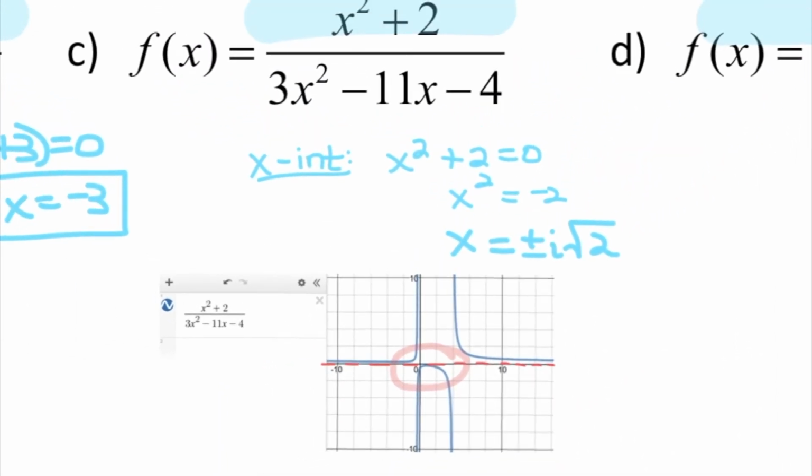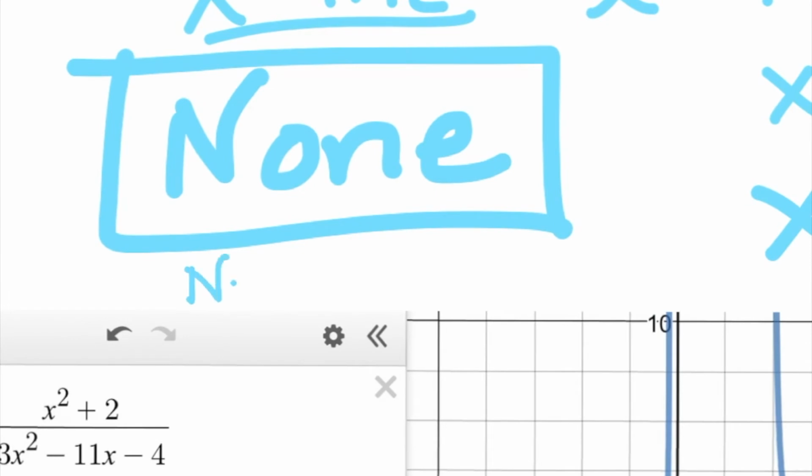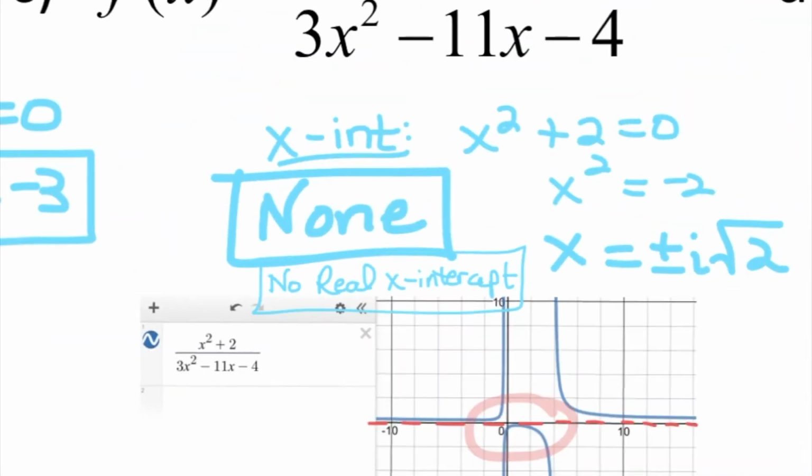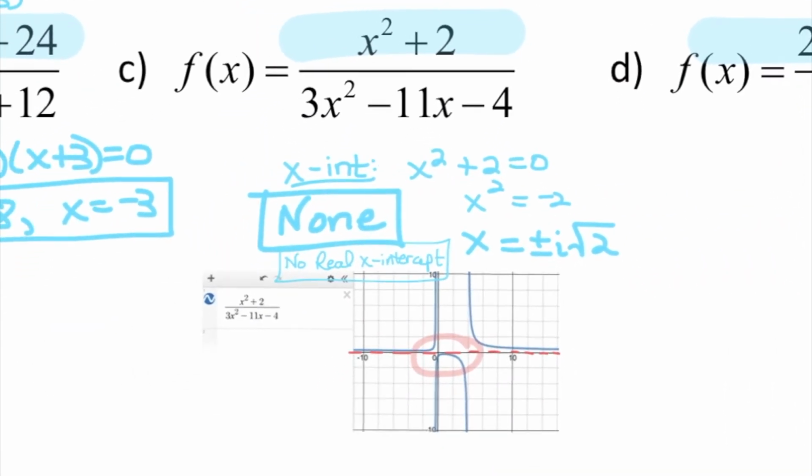So if I said to you, what's the x-intercept here, you would say there is no x-intercept. So for letter C, no x-intercepts. And so the answer to that question then is none. Or no real. If it would really bother you, you could say no real x-intercept. Okay. So that's letter C.